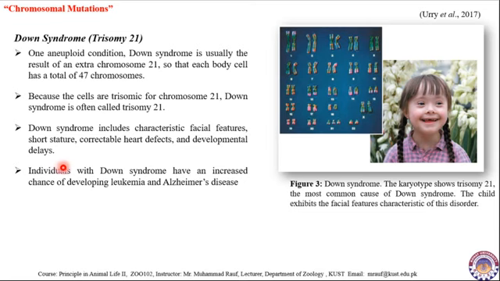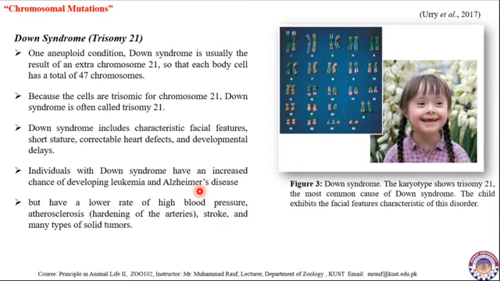Individuals suffering from Down syndrome are more vulnerable to acquiring leukemia and a neurodegenerative disorder called Alzheimer's disease, but they have a lower rate of hypertension and atherosclerosis, which is hardening of the arteries, stroke, and many types of solid tumors.